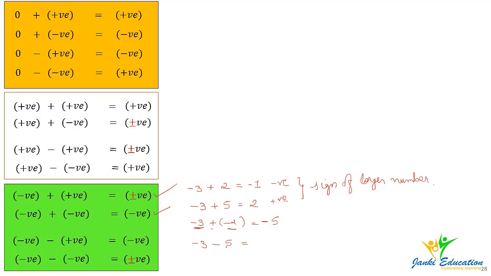Positive you can write either like this, or you can put it in a bracket with a plus sign also. Just to show you, I will put that plus sign over here. This becomes minus plus minus. So minus 3 minus 5, and ultimately that gives you minus 8. Same as this one. Clear?